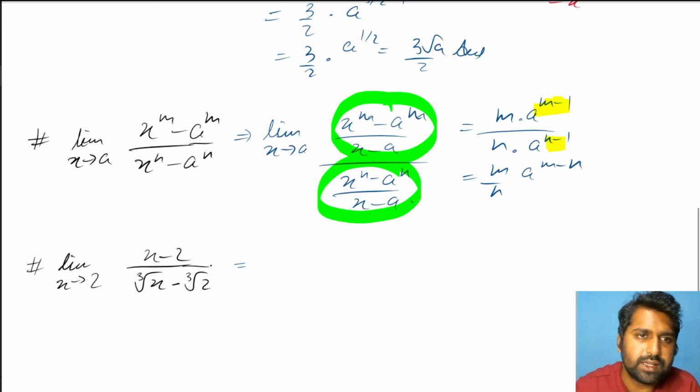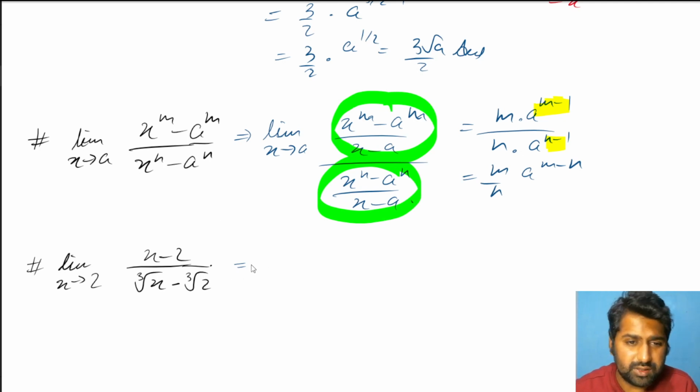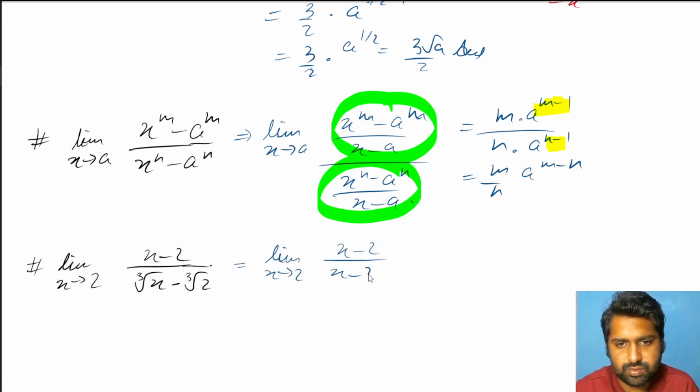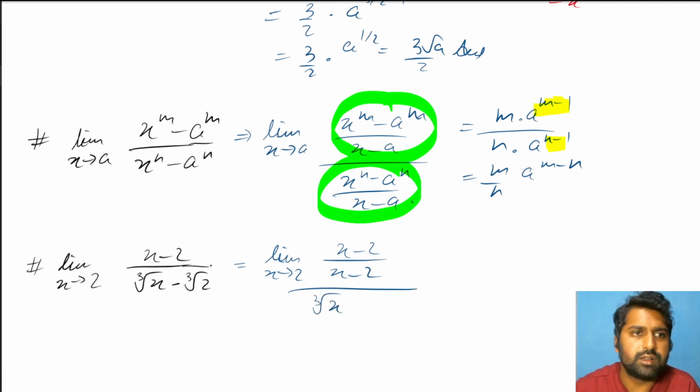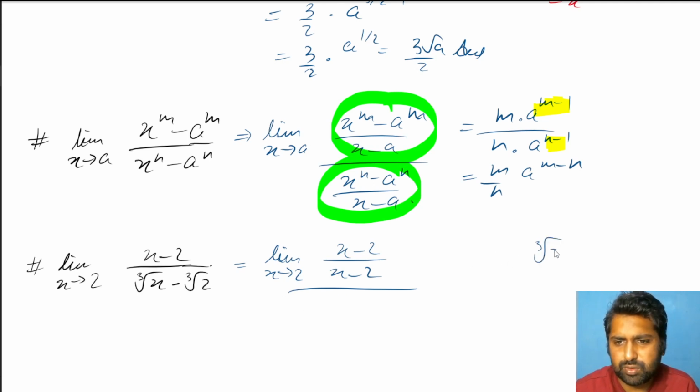So what you can do is you can divide both numerator and denominator with x minus 2. So limit x tends to 2, x minus 2 divided by x minus 2, numerator is also divided, denominator is also divided, and I will repeat, change this cube root of x. What is cube root of x?